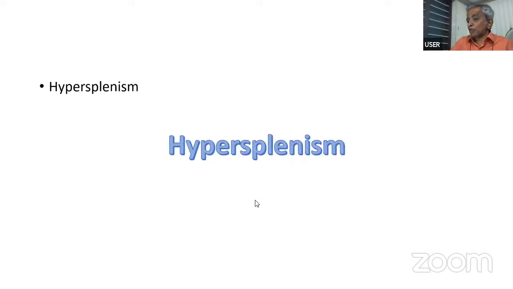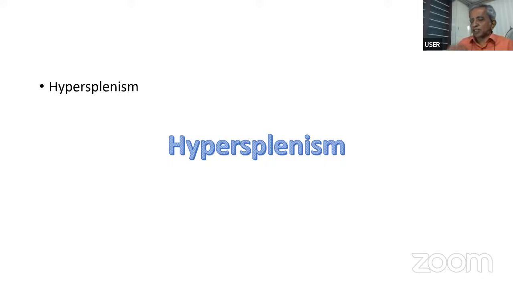Hypersplenism, the spleen was not palpable at all. Hypersplenism produces pancytopenia, bicytopenia, or monocytopenia. Most commonly it produces thrombocytopenia, then anemia and leukopenia. All three can happen in different combinations. And you will find bone marrow shows erythroid hyperplasia. So marrow is full, spleen is palpable, and blood is empty.